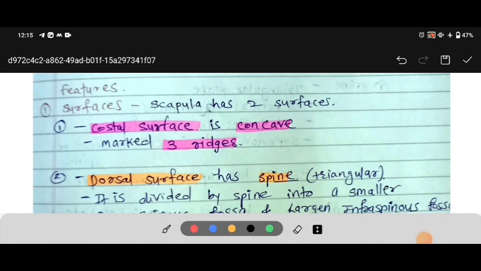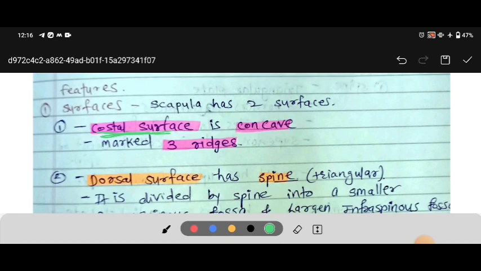Now, what are the features of scapula? I have told you that scapula has three processes, three angles, three borders, two surfaces. It has the costal surface, that's the anterior surface, subscapular fossa, costal surface, ventral surface. It has many names.